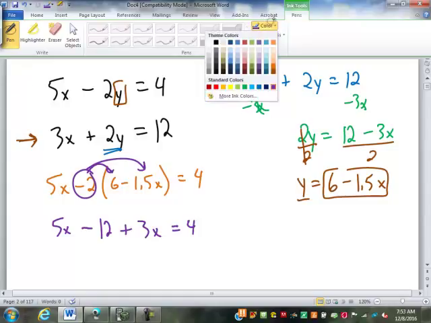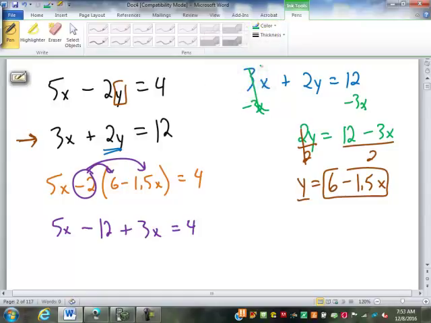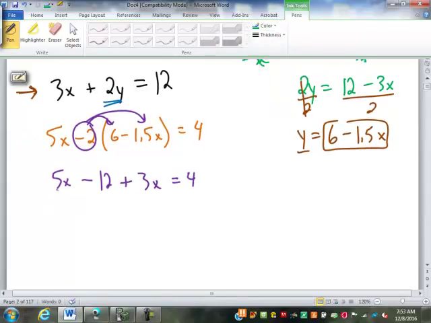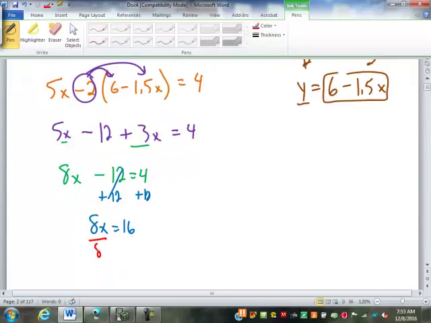And then combine 5 and 3 make 8x minus 12 equals 4. And then plus 12. 8x equals 16, and yes, we divide by 8. X equals 2.